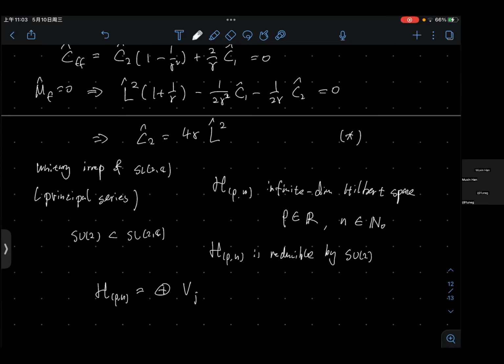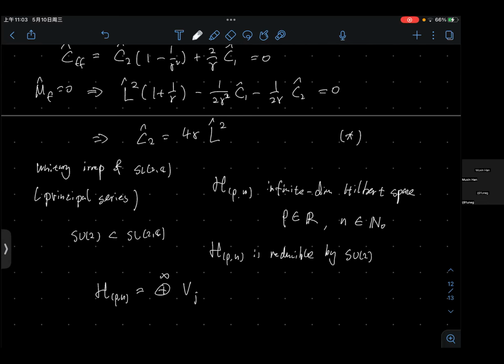It must be infinitely many copies, because the left-hand side is infinite dimensional, so the right-hand side should also be infinite dimensional, but each SU2 Hilbert space is finite dimensional.